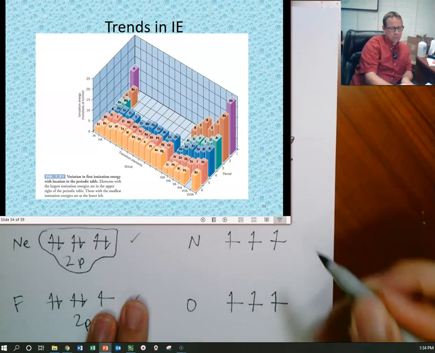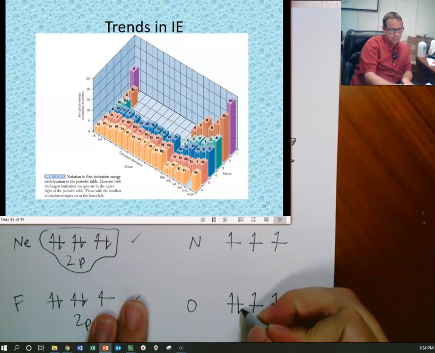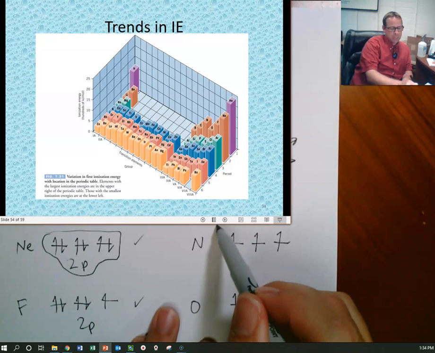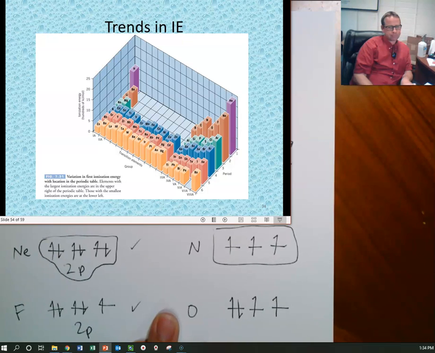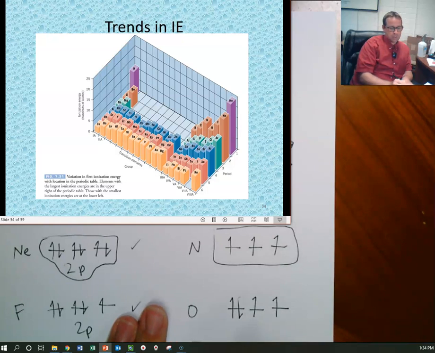Okay, very good. So here we have nitrogen full. How many more electrons do I need to fill up oxygen? One. That's right. So with nitrogen, when I remove an electron, what am I disturbing? The whole block. Yeah, you're disturbing a perfectly half-filled subshell. Whereas when you remove one from oxygen, what are you doing in terms of stability?